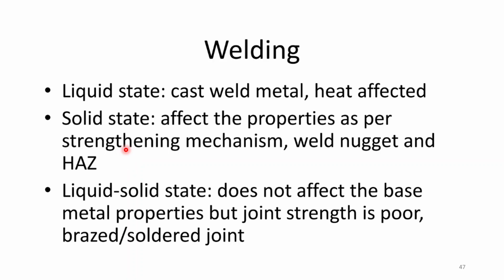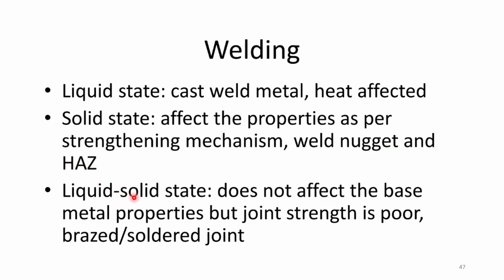In case of welding, you can have three types. One is liquid state, where your joining part goes into the liquid state. In this case, the cast weld metal and heat affected zone will be there, and these decide the properties of the final product. In case of solid state, the properties are affected as per the strengthening mechanism, weld nugget and heat affected zone.